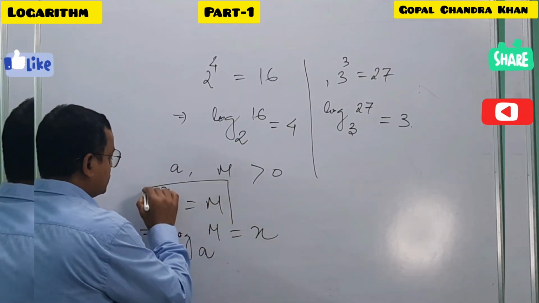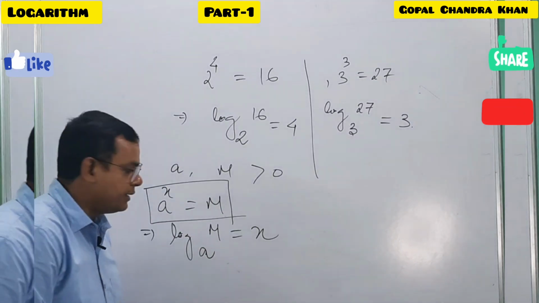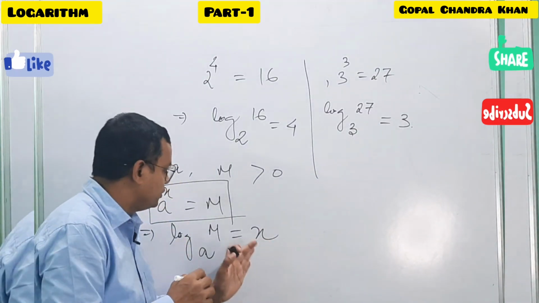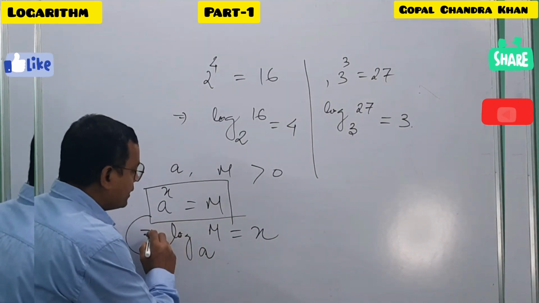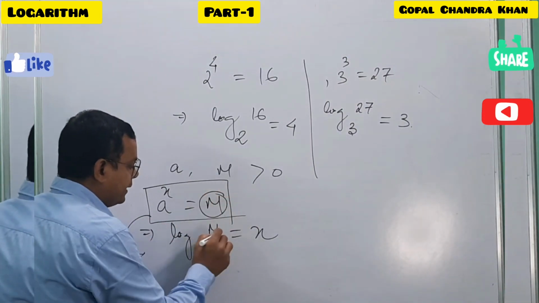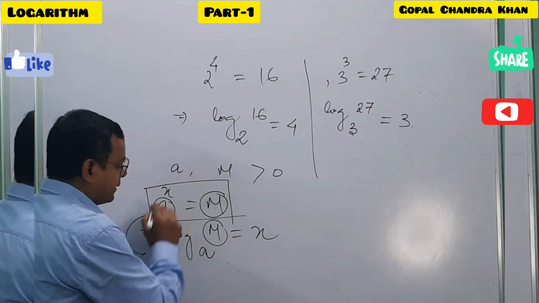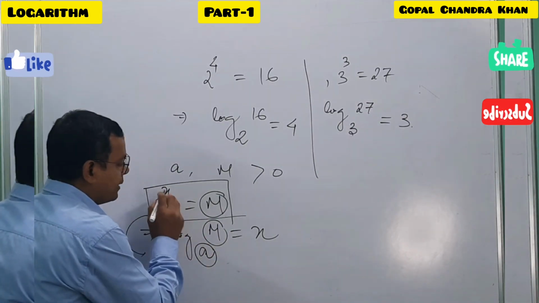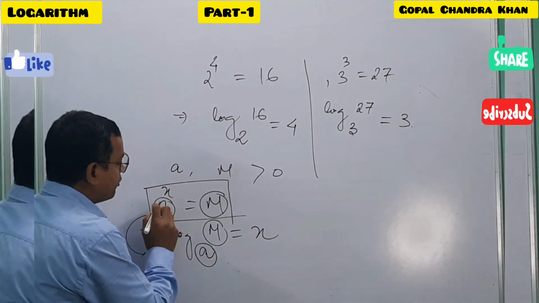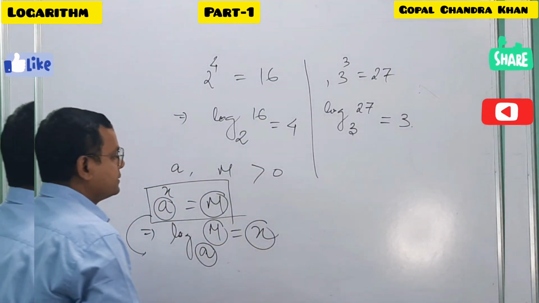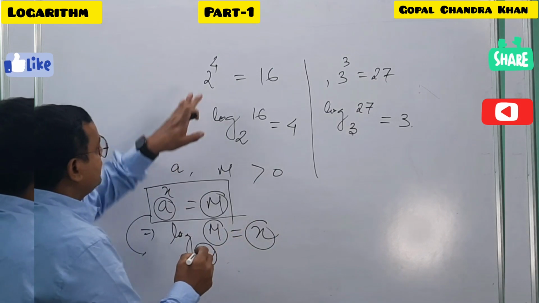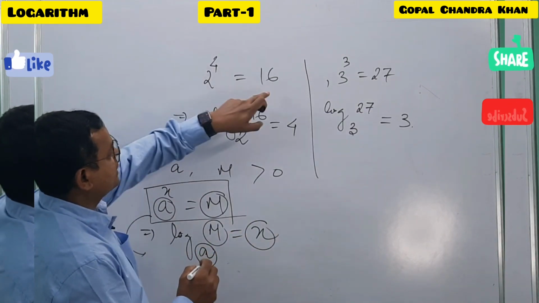Actually we know this from indices, and from indices we are getting what? Logarithm of m is here, base a here, and the power of a is the value here. Suppose we see 2 to the power 4 equals 16.